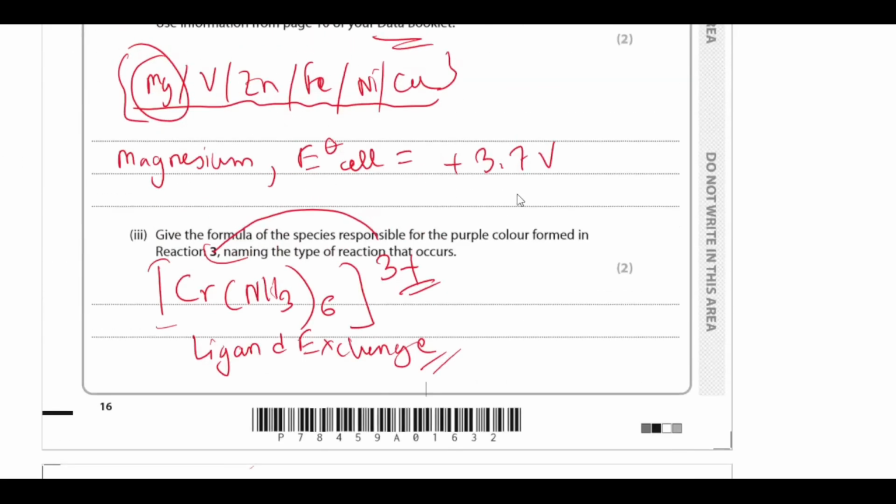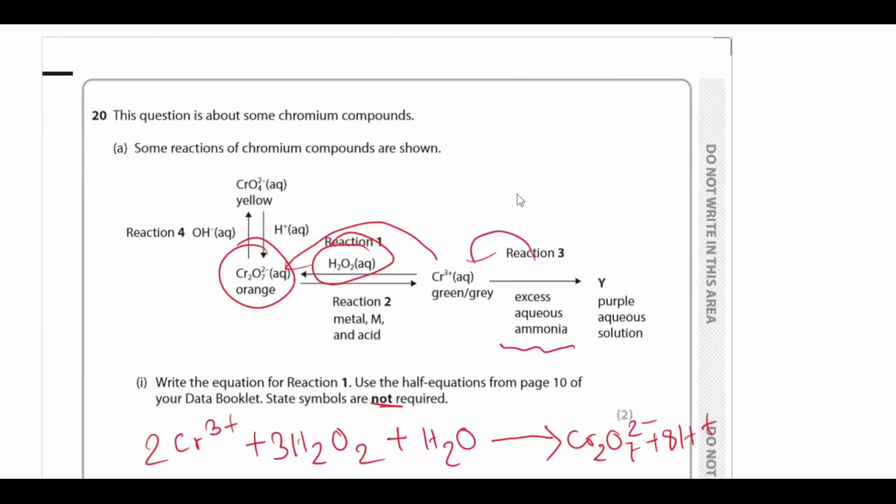Now the question is, state whether or not reaction 4 is a redox reaction, and justify using oxidation number. It's pretty simple. As you can see here in reaction 4, the Cr2O7 2- is getting converted to CrO4 2-. If you check chromium's oxidation number here, it will be 2x plus 7 times -2 is equal to -2, the charge of the whole ion. So eventually you'll get x as +6.